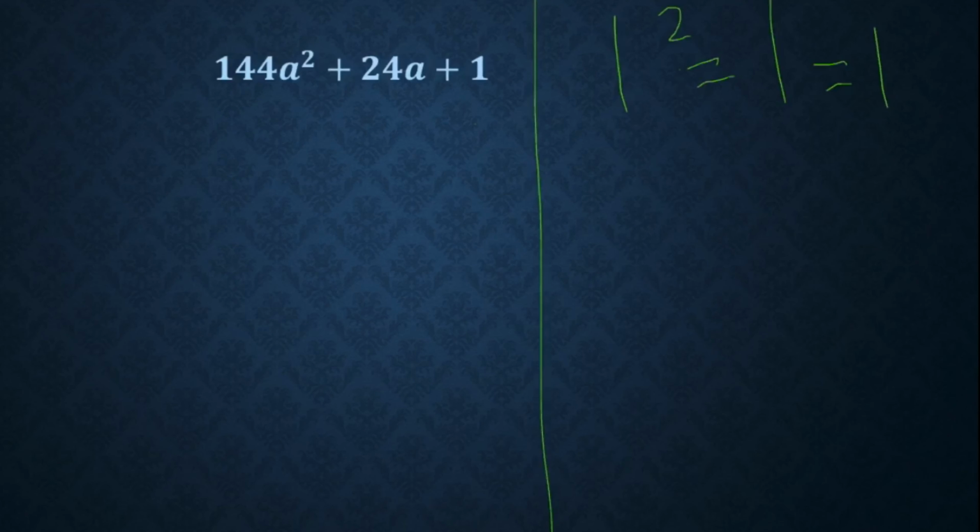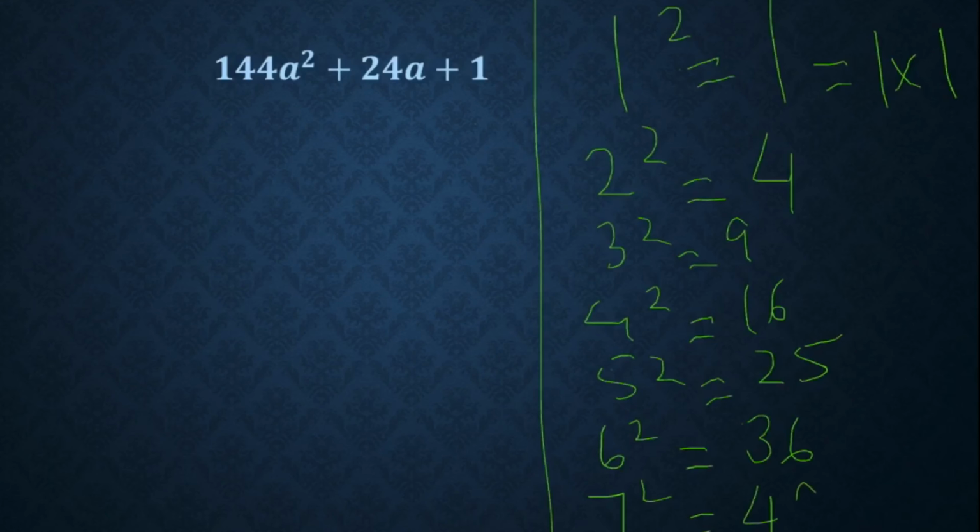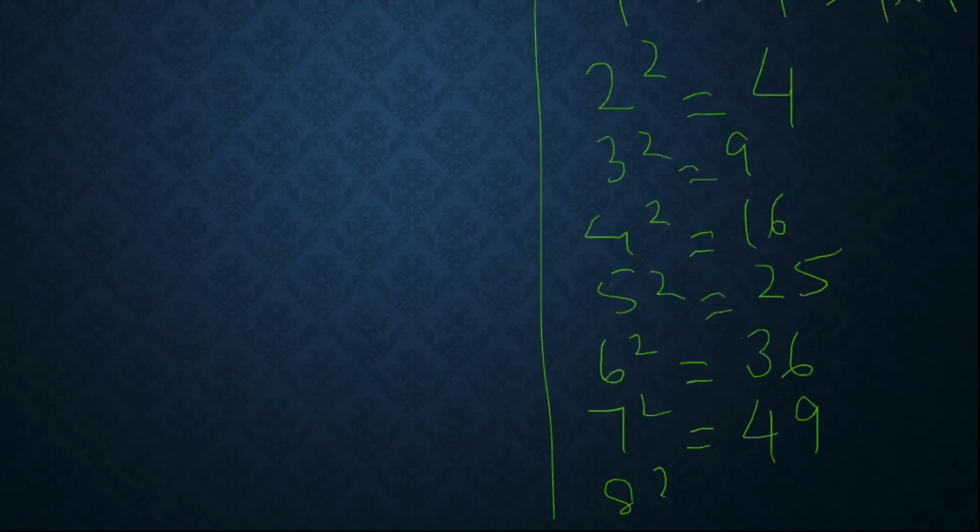Because 1 multiplied by 1. 2 square is 2 2s are 4. 3 square is 3 3s are 9. 4 square is 4 4s are 16. 5 square is 5 5s are 25. 6 square is 6 6s are 36. 7 square is 7 7s are 49. 8 square is 8 8s are 64.